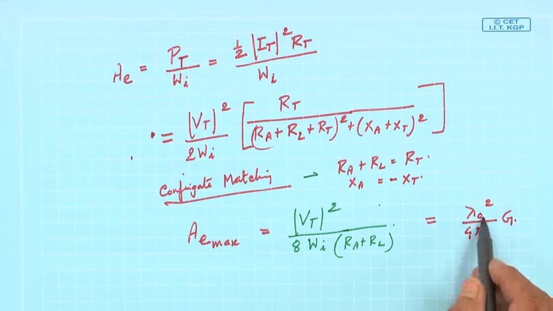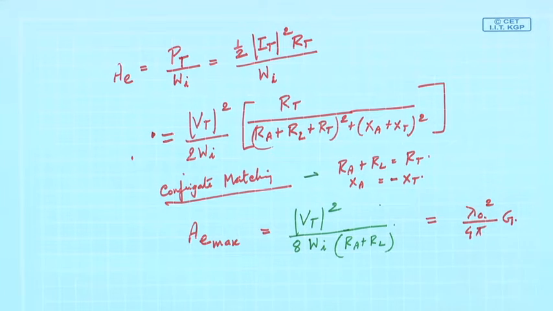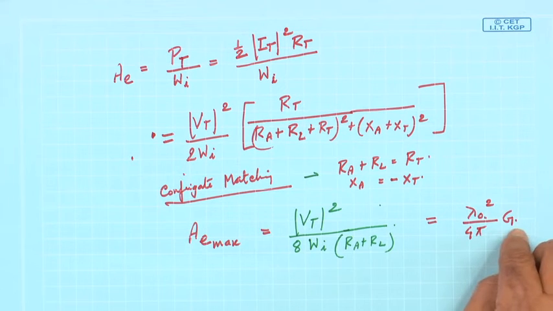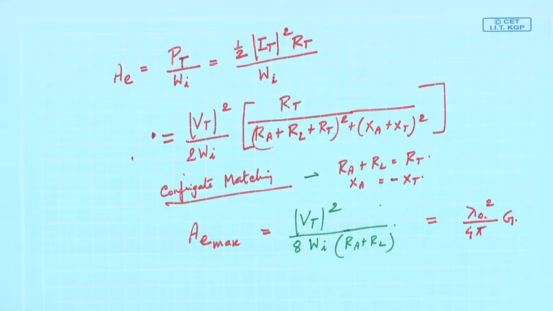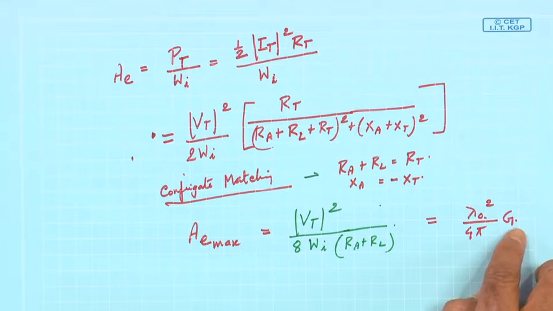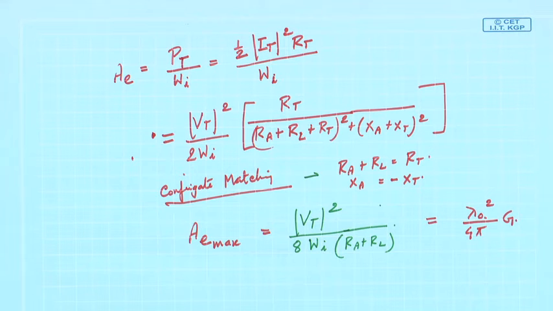So, you see that if you know the operating frequency, you know lambda naught, and then this maximum effective area of any antenna is related to another measurable quantity of the antenna, that is G. What is G? G is the maximum value of G theta, that means the gain of the antenna. Now, gain of the antenna we always define as a transmitting thing. So, you see that this is a connection between the receiving characteristic and the transmitting characteristic of the antenna.